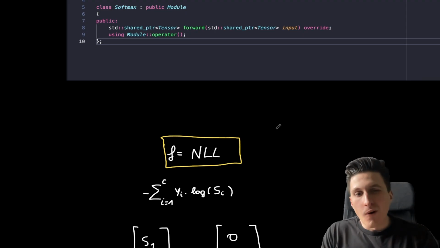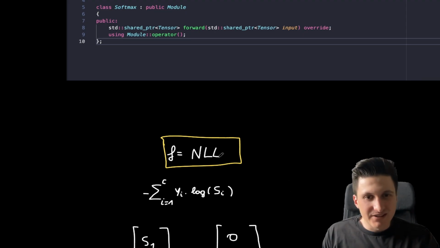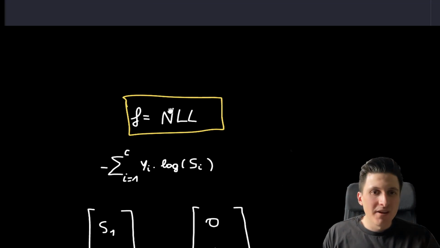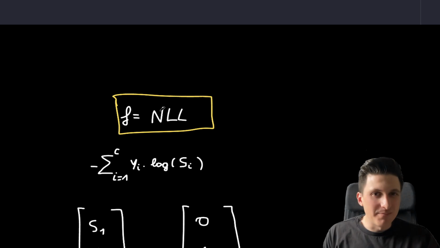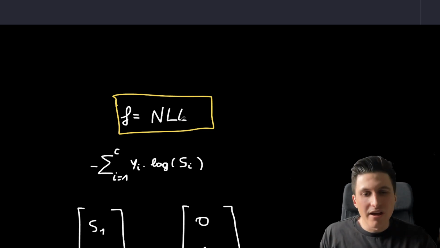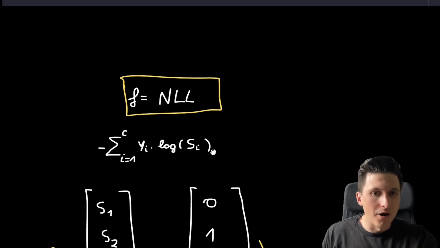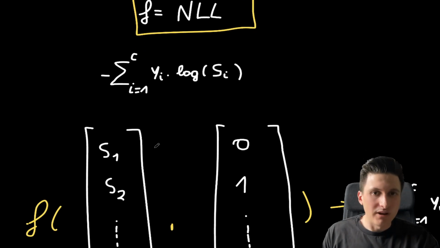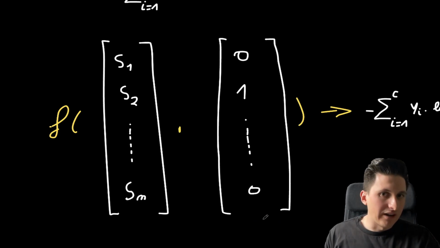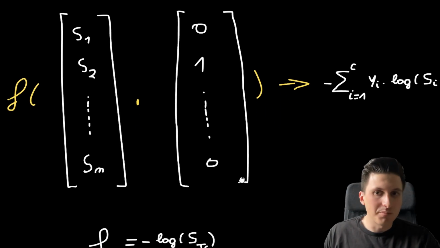Okay, we still have to do one more mathematical derivation, and that is calculating the derivative for the negative log likelihood. If you hate mathematics, just like I did in high school, I promise you this will be the last derivation of this series and will also be relatively easy. So what the negative log likelihood does, you've seen the formula before. It takes as input a tensor of softmaxes and also a one-hot encoded tensor of the output.